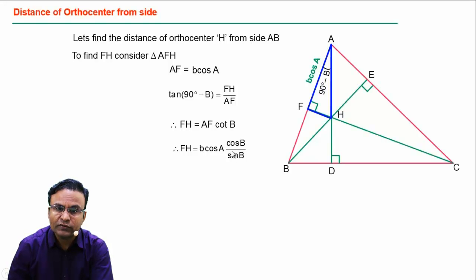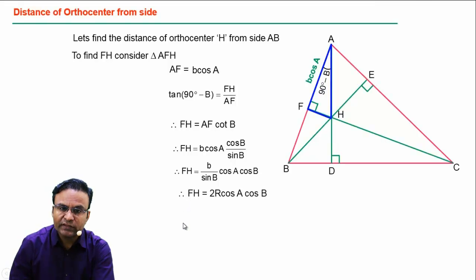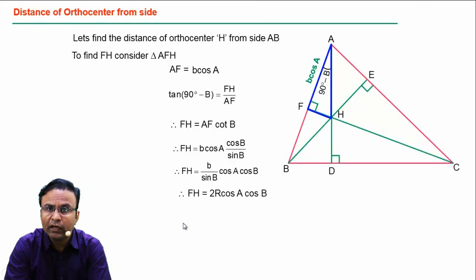So we have cos B upon sin B. So we have FH is equal to b upon sin B times cos A cos B. What is b upon sin B? From the sine rule, it is 2R. So FH is equal to 2R cos A cos B.